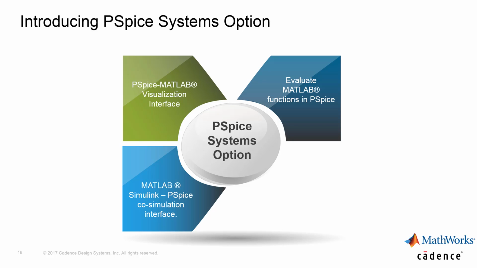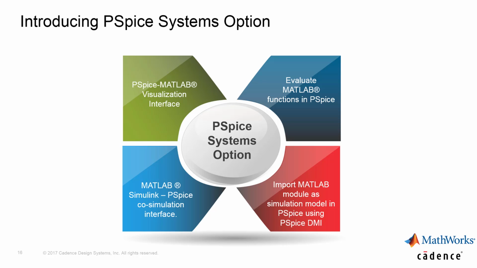So Cadence and MathWorks have enhanced this integration to provide a flow where customers can import a PSpice model in Simulink and co-simulate as well as utilize all the MATLAB analyses and measurement functions. Lastly, designers can also import MATLAB modules as simulation model in a PSpice environment using PSpice DMI functionality.